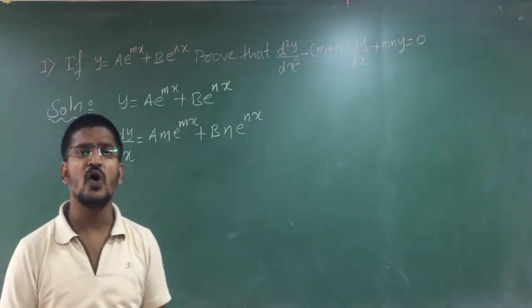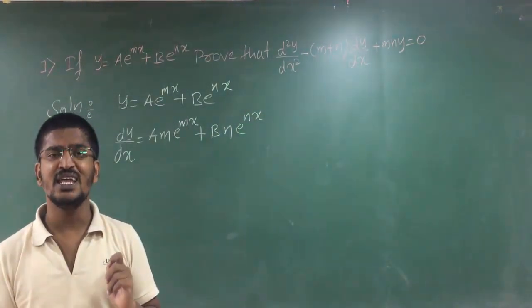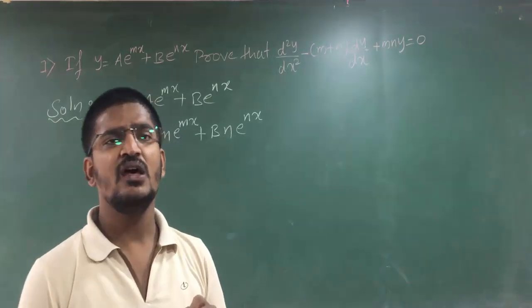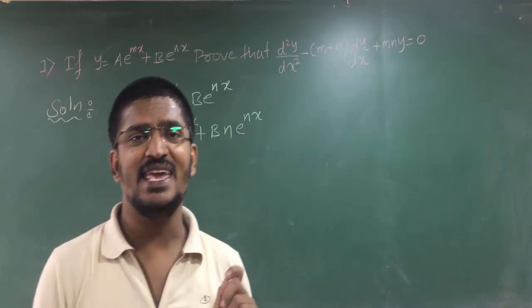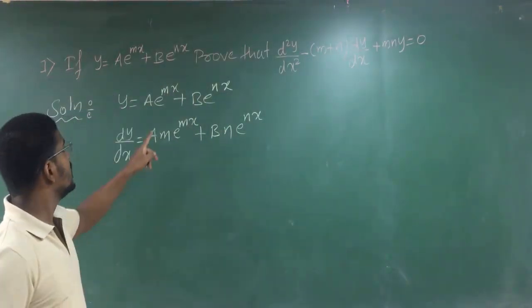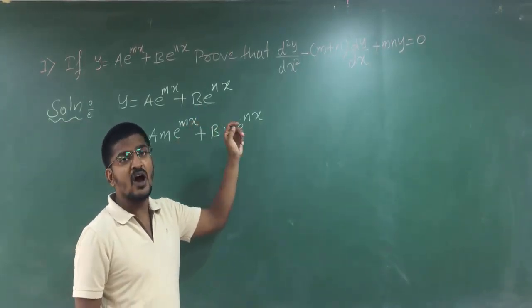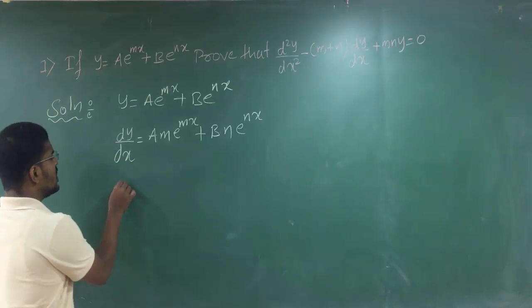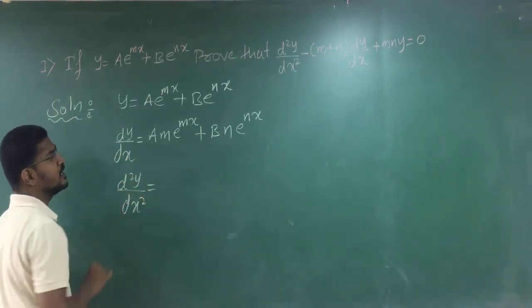Here you must know the formula of differentiation of e raised to ax. The formula of differentiation of e raised to ax is a into e to the power of ax. So for that reason, m into e to the power of mx, n into e to the power of nx. Now let us differentiate again.